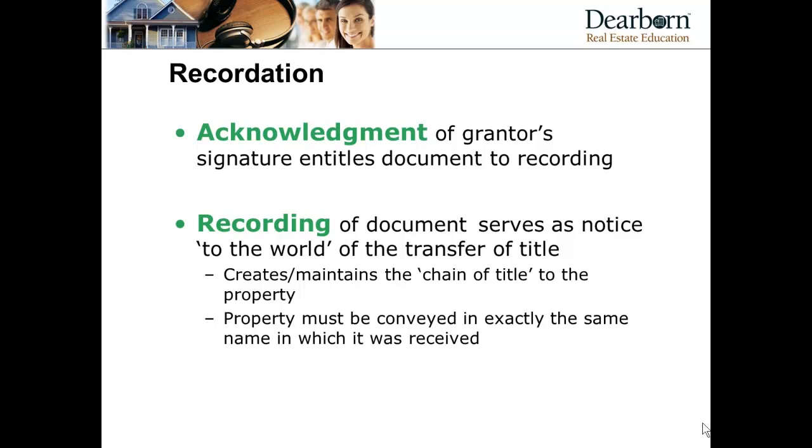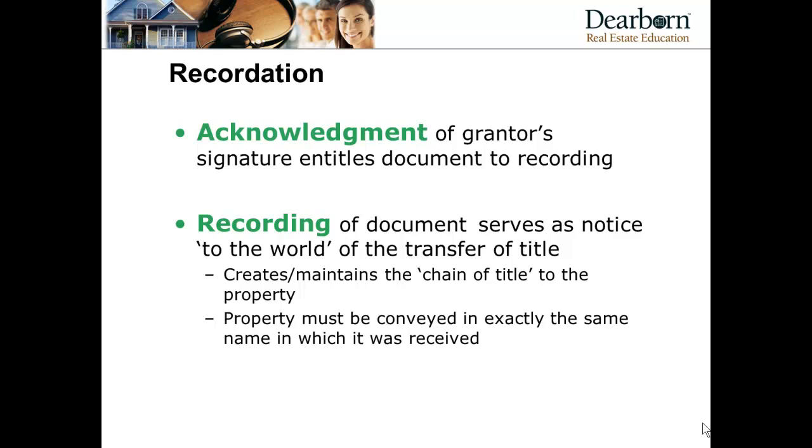Typically that means it's notarized to acknowledge that the grantor is in fact the person that has the title to the property and is entitled to transfer it. Recording makes the transfer public. It notifies the world that the title has been transferred, and it creates or maintains what's called the chain of title to the property.